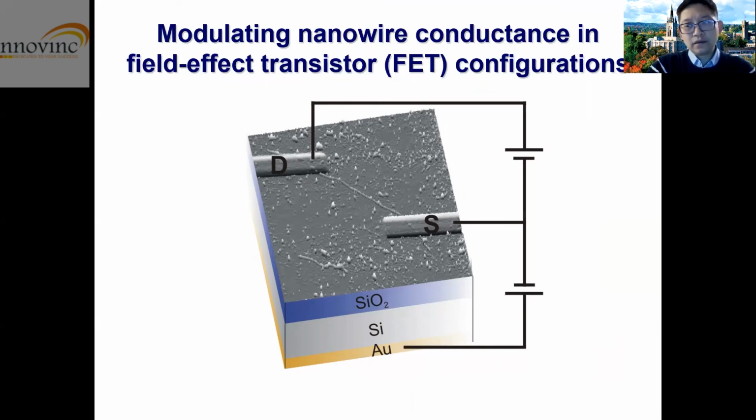We use E-beam deposition to grow two electrodes as a drain and a source electrode. And then we can add gate voltage and measure the current between these two electrodes.